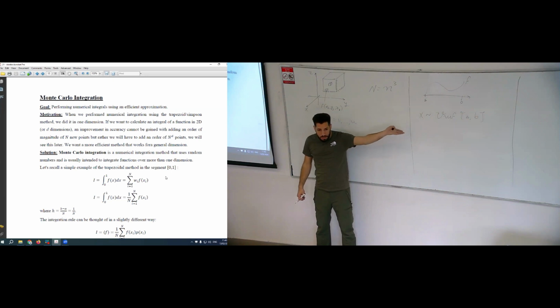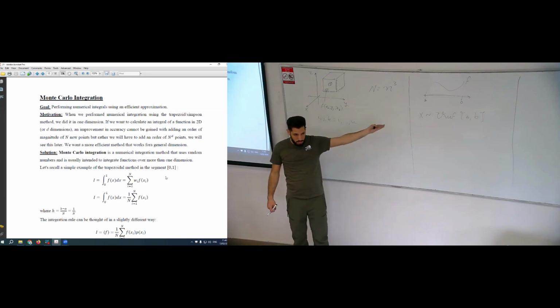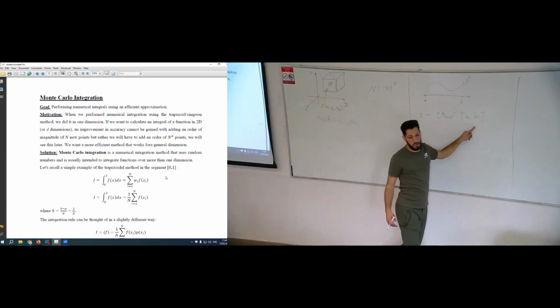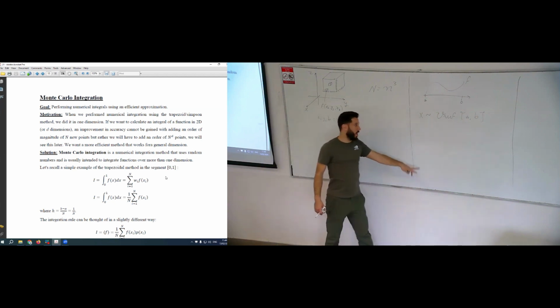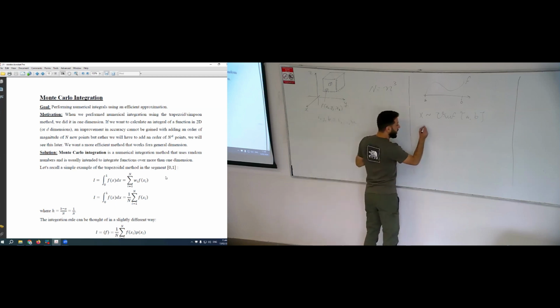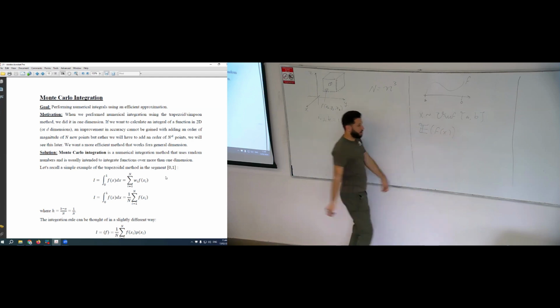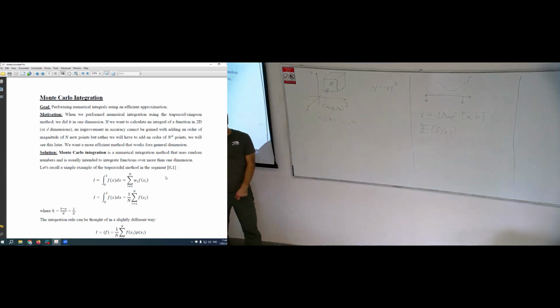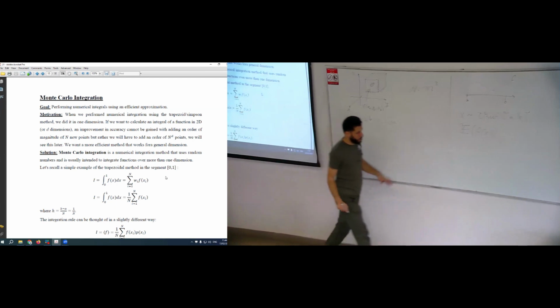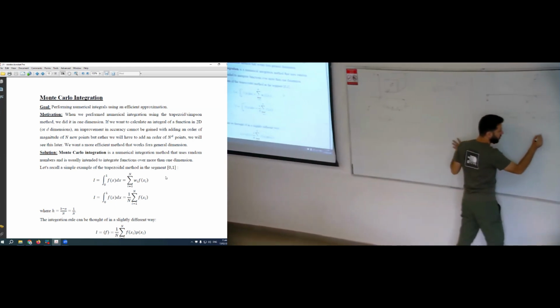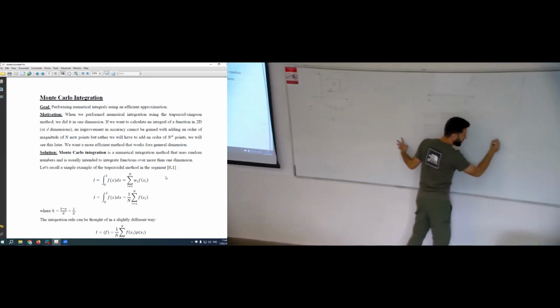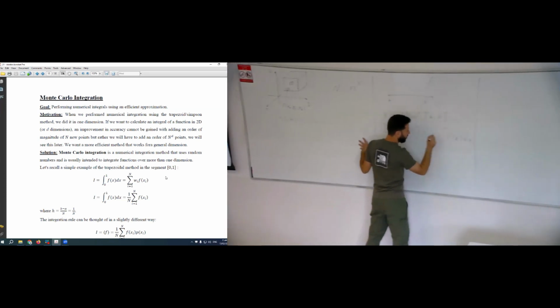A plus B over 2, yes, the expectation of X if it's uniformly distributed. And what is the expectation of f of X? The average of the function. So it is the integral of f of X dx, times 1 over b minus a.